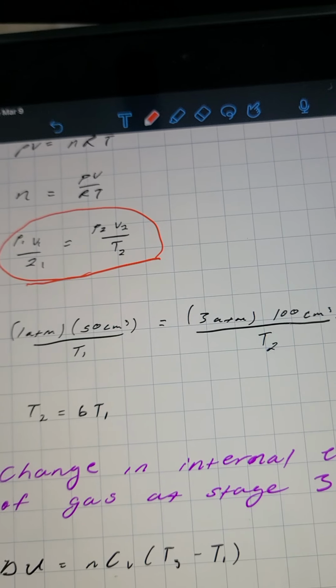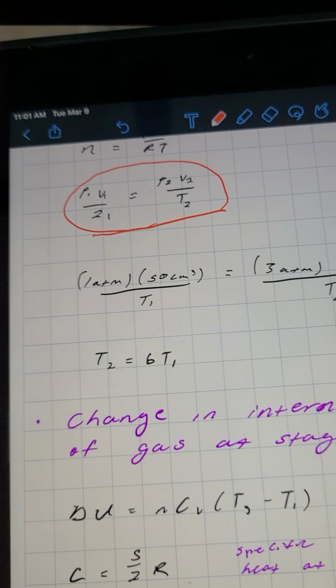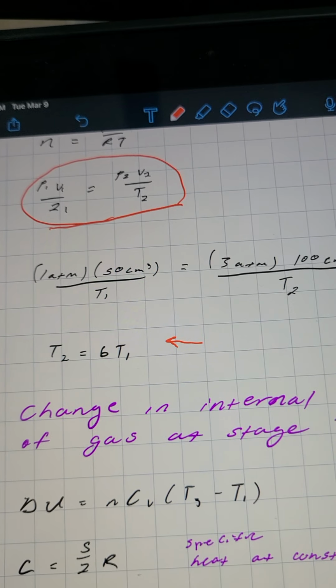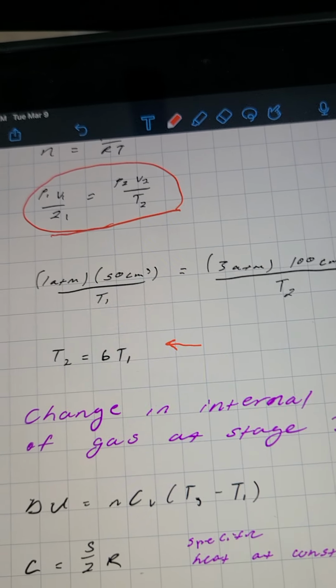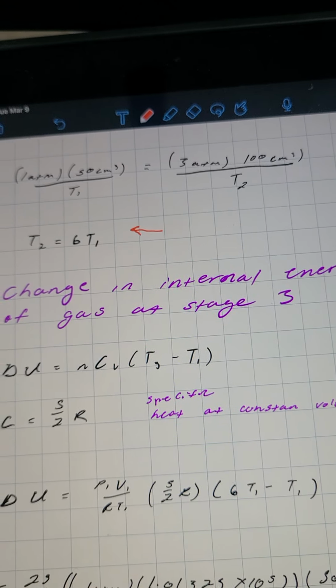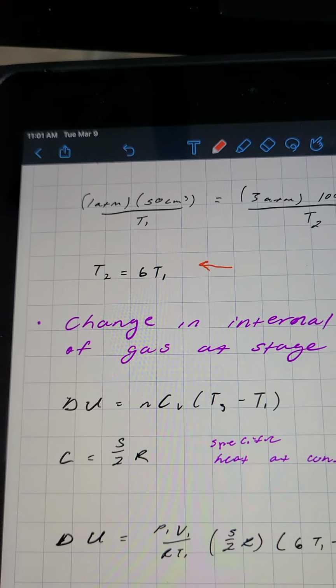And when plugging everything in and solving for it, we'll end up getting this here. Alright, and from there we can start to move on and calculate the engine's thermal efficiency.